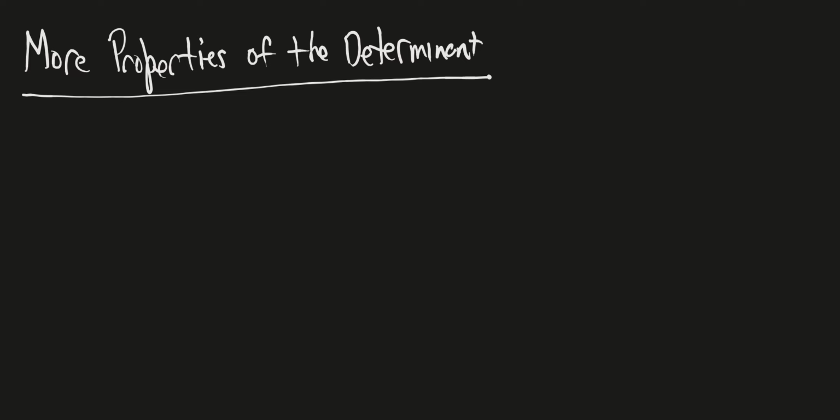In our previous video, we took a look at how our elementary row operations affect the determinant. So what we're going to do is essentially build on that idea, and we're going to extend the set of properties that we have for the determinant.